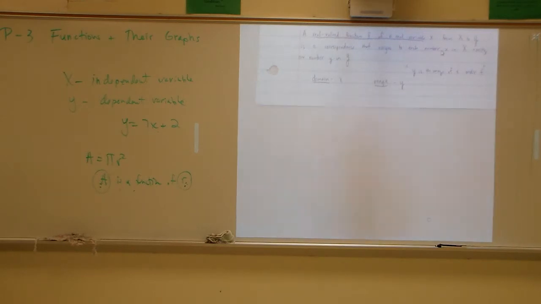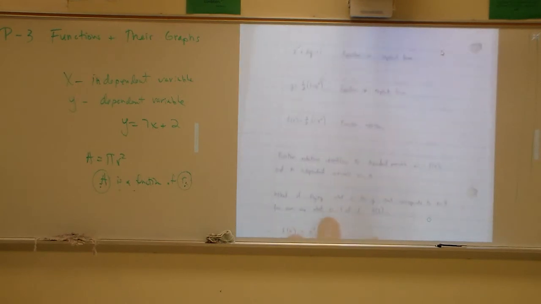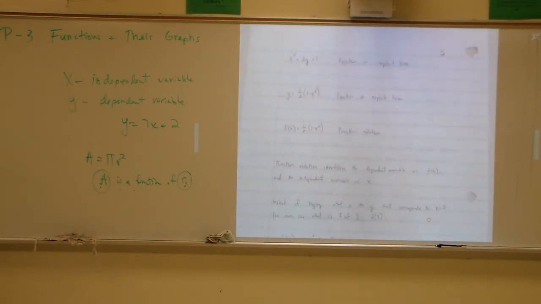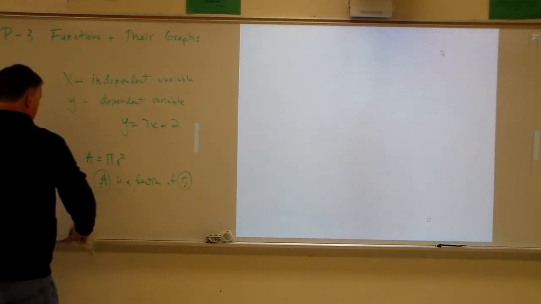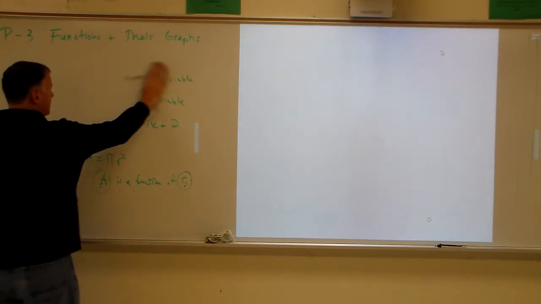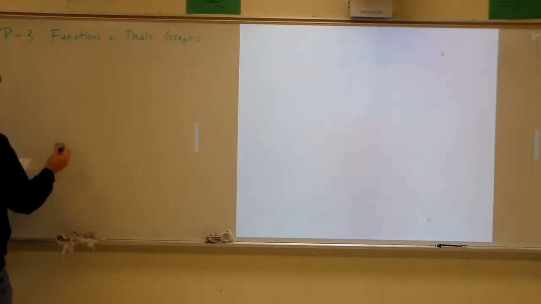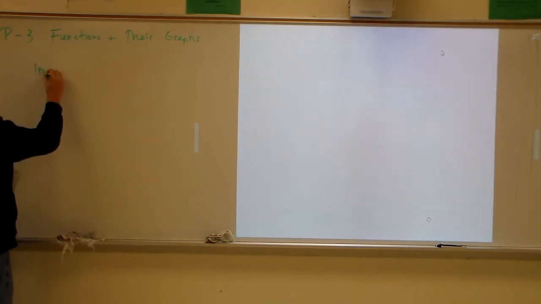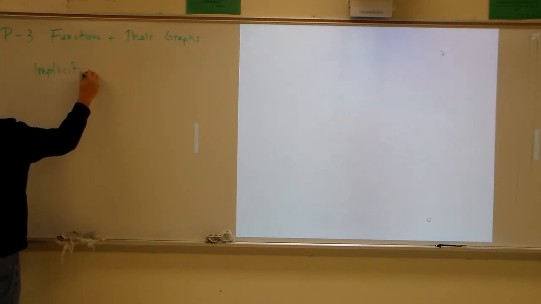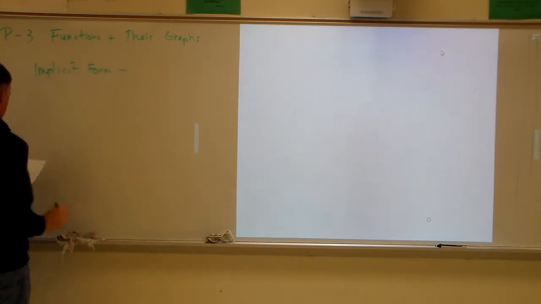Do I want you to read that now? All right, so I'll just write these on the board. You guys probably can't even read that when you see it up there. So let me give you what's called implicit form and explicit form, that type of stuff. So, ready? This is called implicit form.